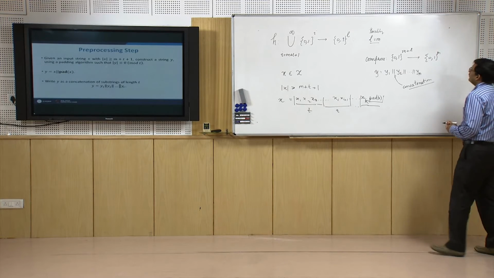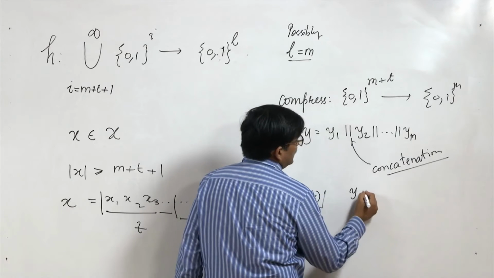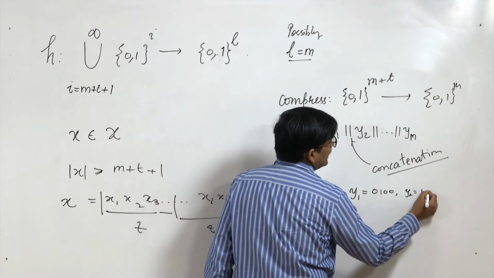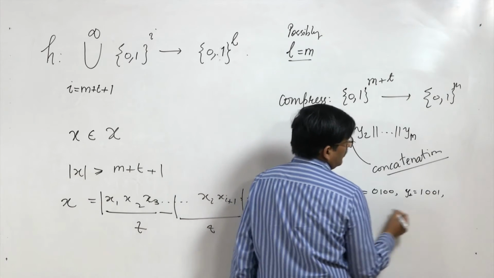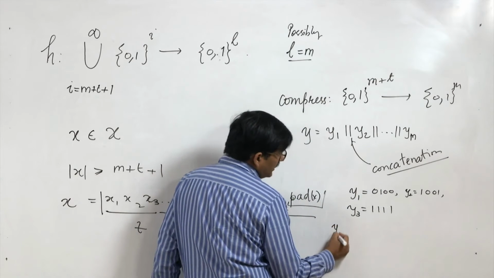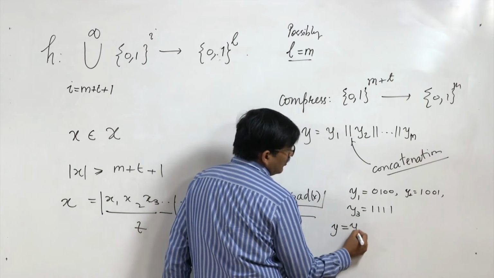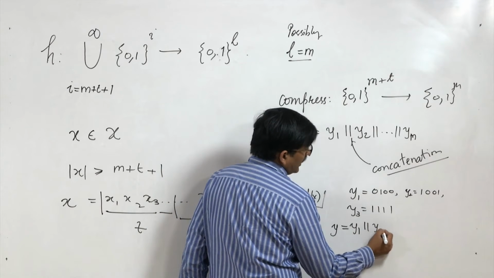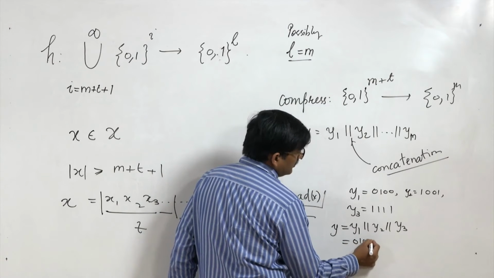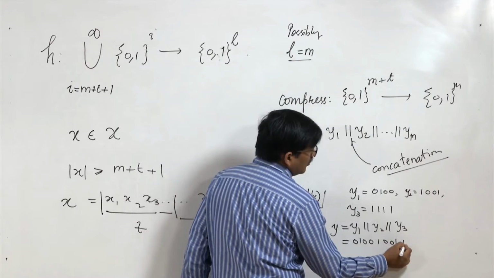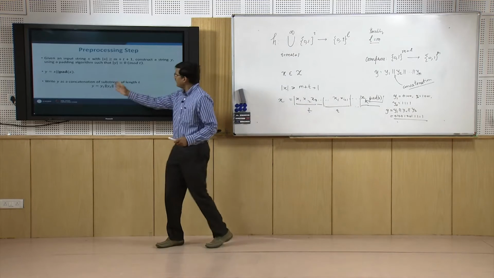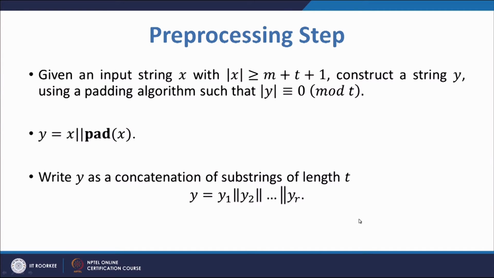So, for example, if y1 is 0 1 0 0, y2 is 1 0 0 1, y3 is 1 1 1 1, then y concatenation y1, y2, y3 will give me 0 1 0 0, 1 0 0 1, 1 1 1 1. This is concatenation. So, we are splitting up y into substrings of length t.